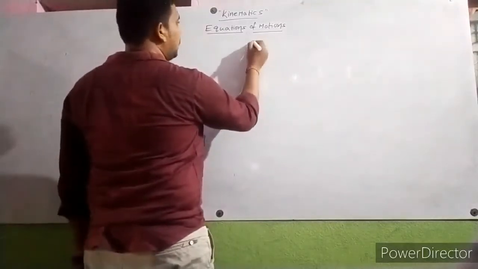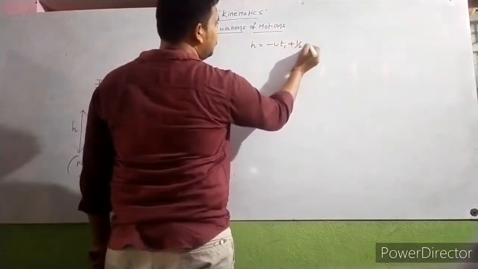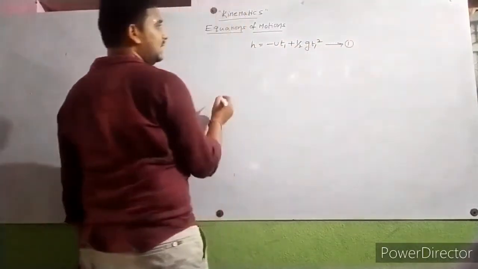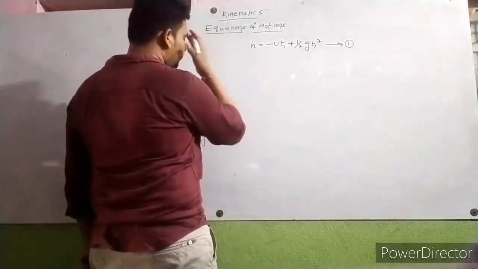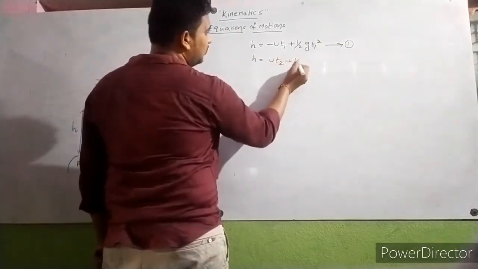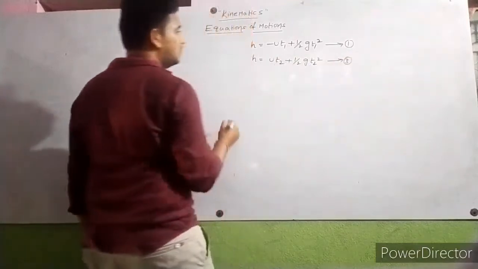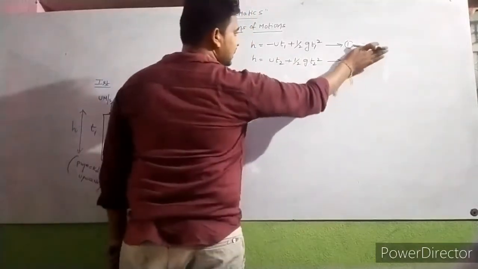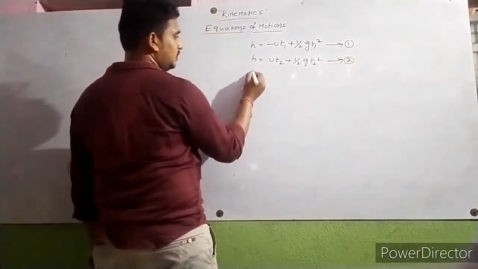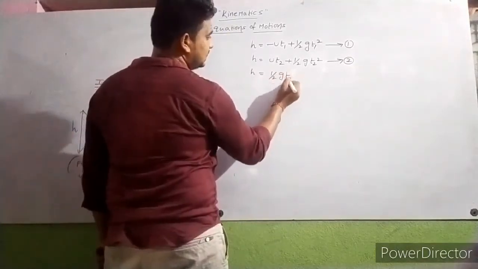The first equation we got: h = -u t1 + half g t1 square. The second equation: h = u t2 + half g t2 square. The third equation: h = half g t3 square.